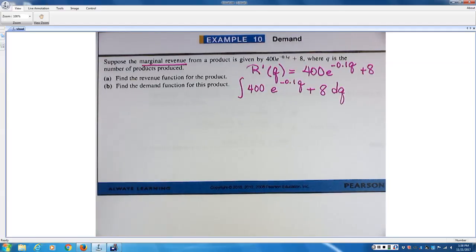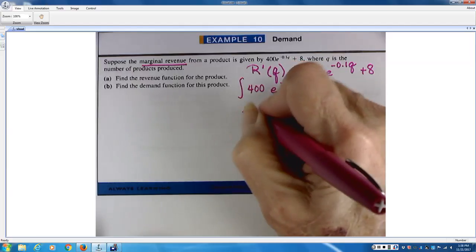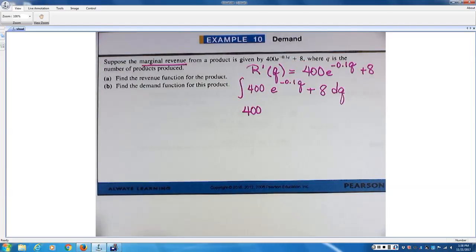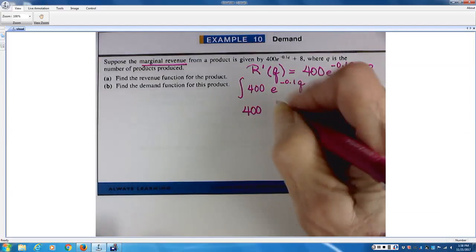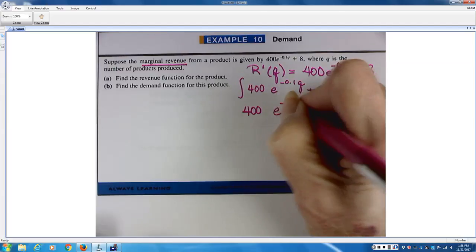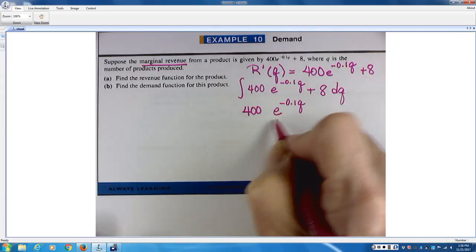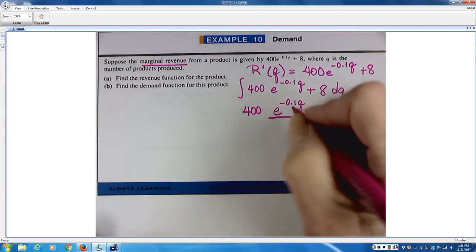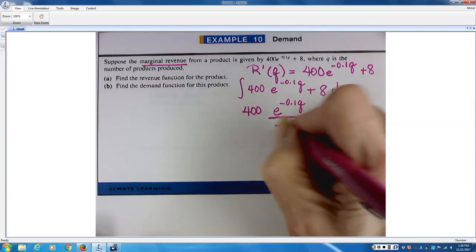And remember, in this case, it's dq. And again, your 400 is just going to tag along because it's just a coefficient. And then the antiderivative of e to the negative 0.1q is e to the negative 0.1q divided by that coefficient, which is negative 0.1.